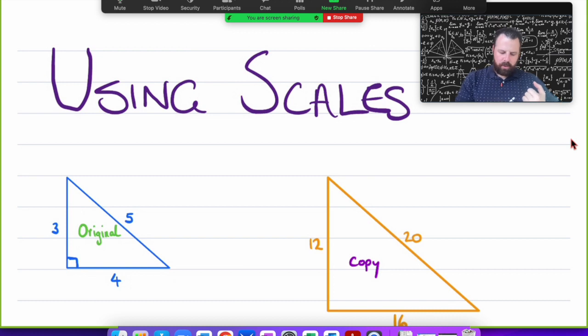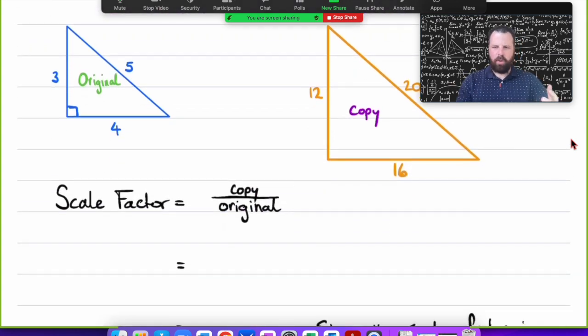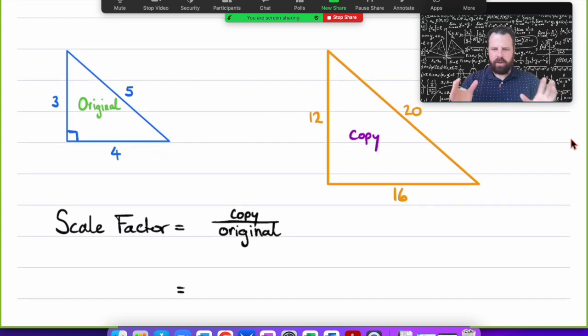If we remember, to find the scale factor of an object, scale factor is the copy over the original. So the first thing we need to do is look at it and figure out what the matching sides are. We can see the side 5 matches with the side 20, so I can use that as my scale factor.